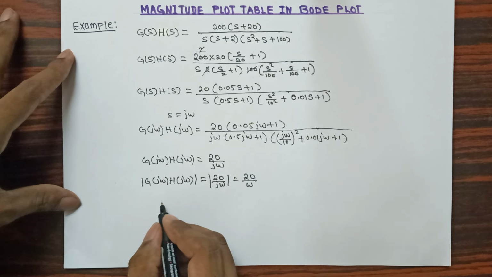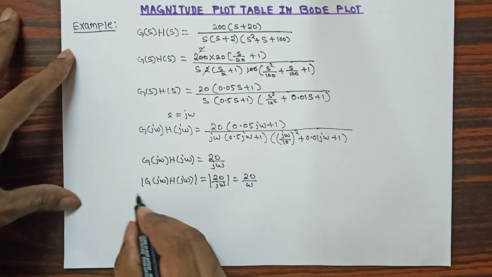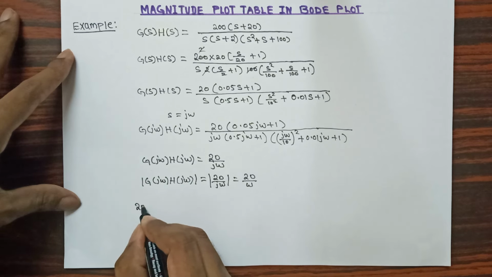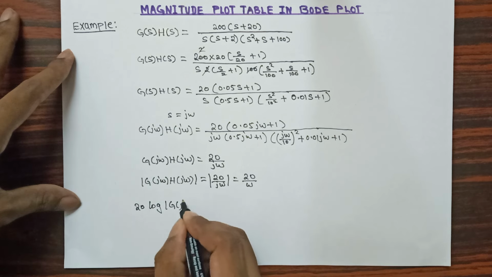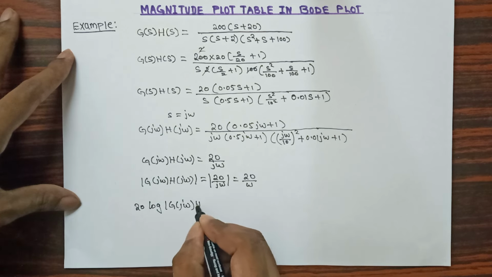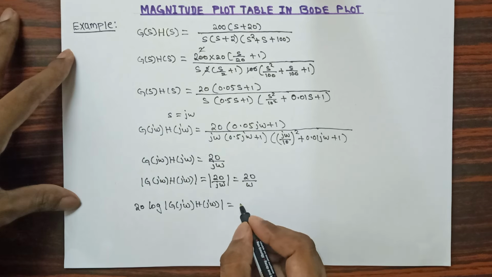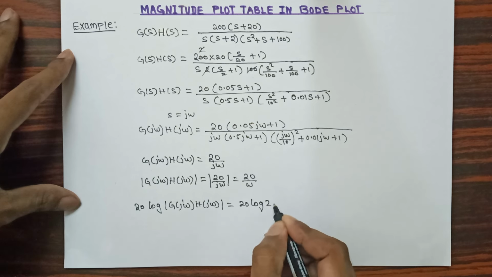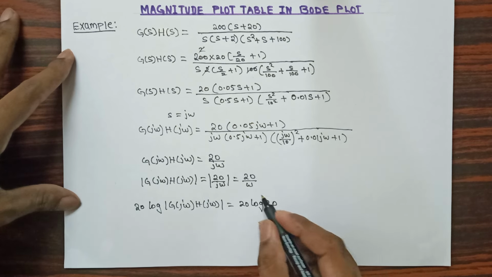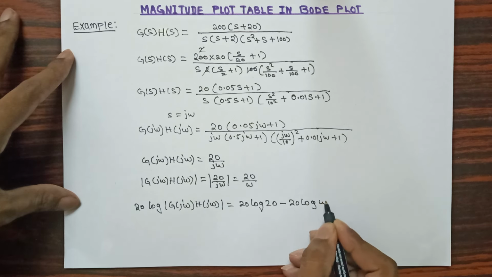To find the initial gain, we know that to get this in decibel form, we apply 20 log on both sides. 20 log of magnitude of G(j omega)H(j omega) is equivalent to 20 log 20, and we have omega in the denominator in this case, therefore minus 20 log omega.